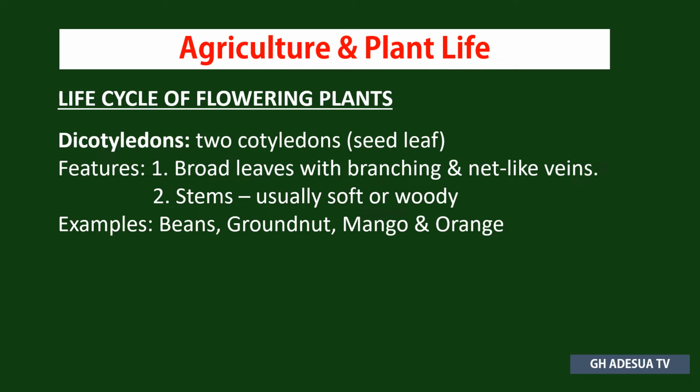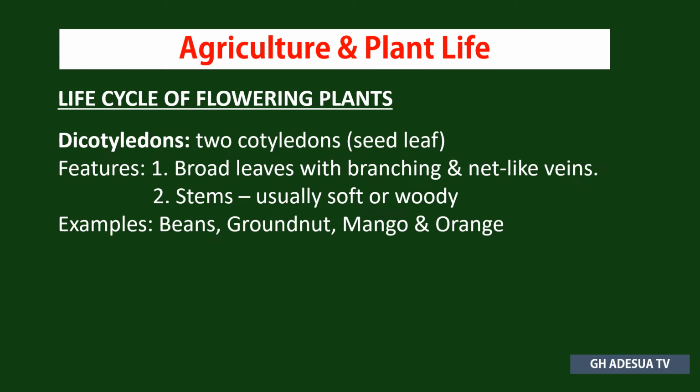Then the dicotyledons have two cotyledons, or two seed leaves. An example is beans. You can break beans up into equal halves. Unlike maize, when you pick one grain of maize or corn, you can't break it up. But in dicots, like beans and groundnuts, you can break it up. Their leaves are broad leaves with branching, net-like veins.